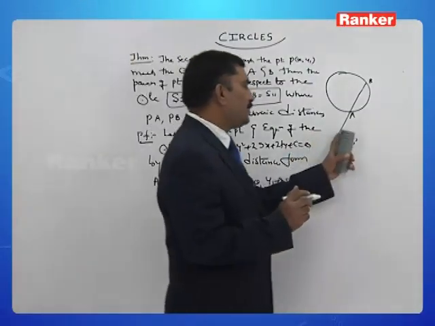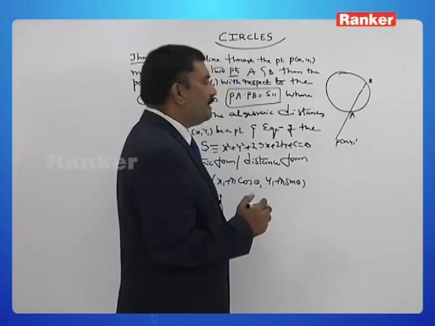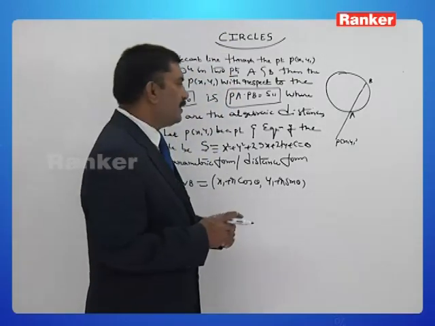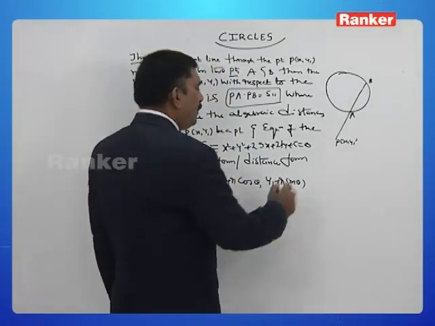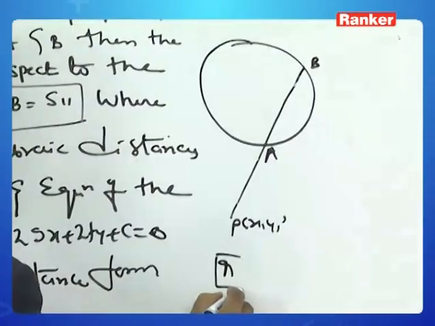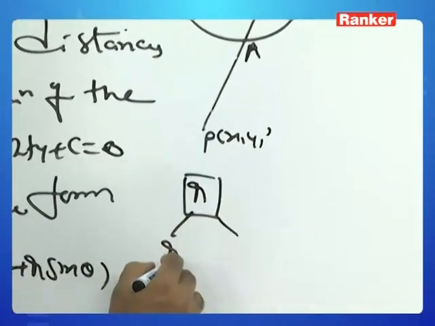Theta is the inclination of this line. What is r? r is the distance from P to A and B. So I call it as r has two roots, that is r1 and r2.